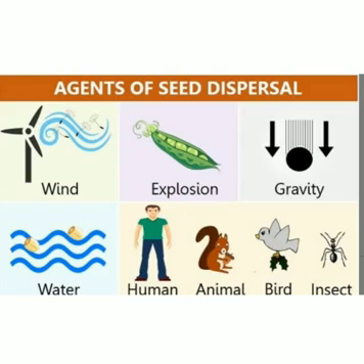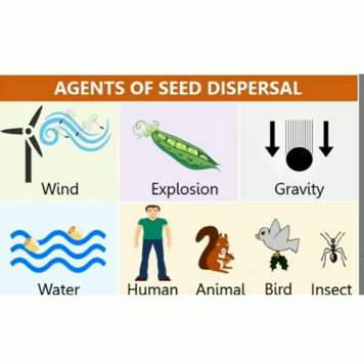Next, let us learn seed dispersal by explosion. Some seeds are dispersed when the fruits burst with sudden jerks. What is the meaning of the term explosion? Explosion means burst open.